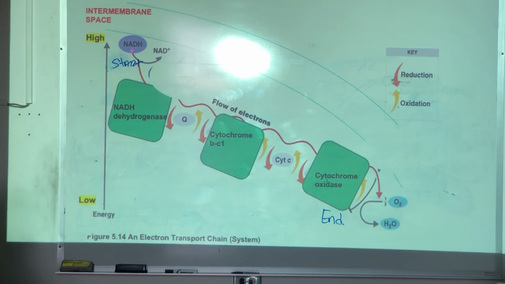So when we start out, we have lots of energy, and that energy is released so that the pumps, NADH dehydrogenase, cytochrome BC1, and cytochrome oxidase, can then pump protons outside of the membrane. So let's look at them here.